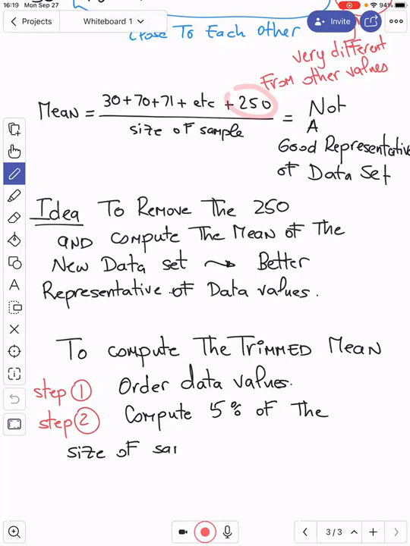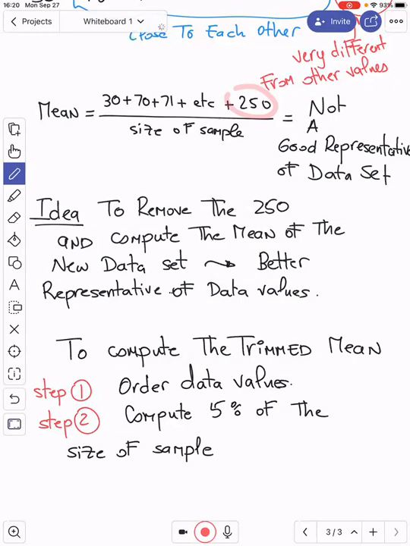What we are saying here is that 5% of the data values are kind of exceptional, in the sense that they are very different from the other values.